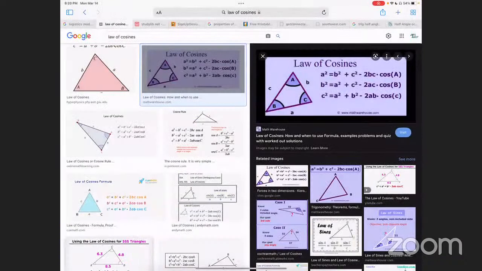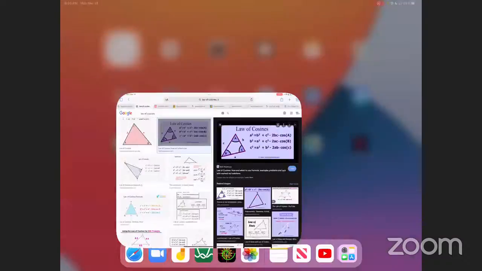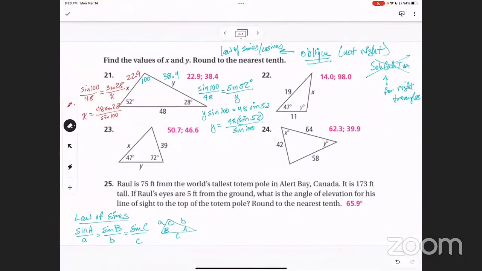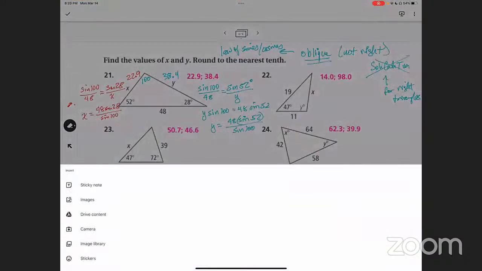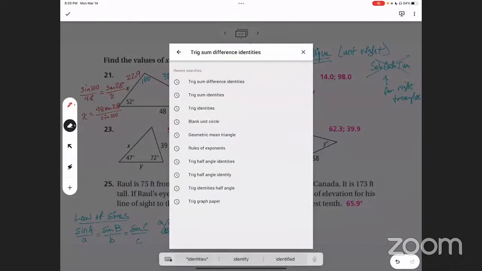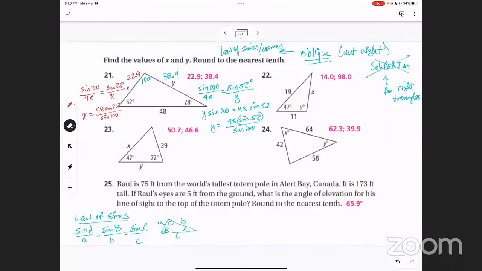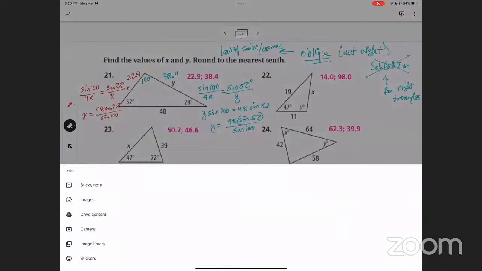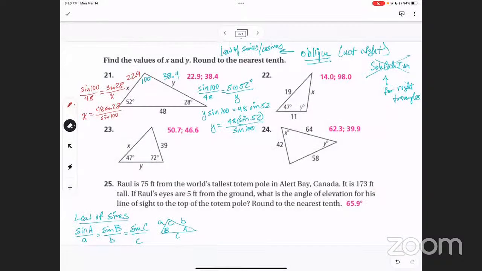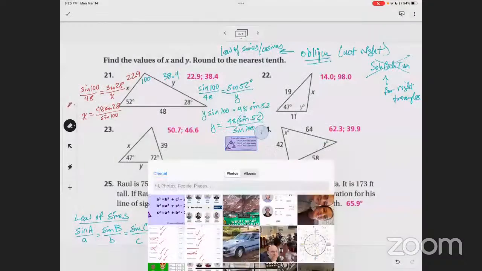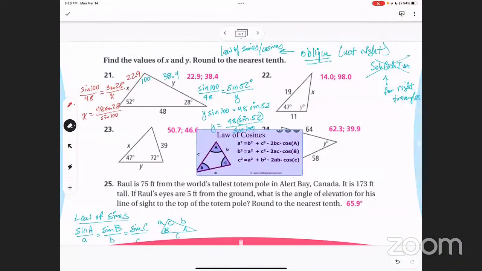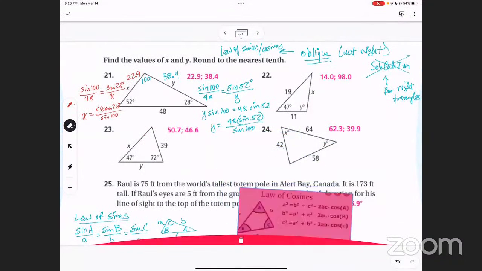Okay, we'll call it that. I should have saved it to photos too. Let's see, photo images. Oh, image library, that's where I should have gone. Okay, there it is. I don't know why it took so long for it to show up. There's my law of cosines.